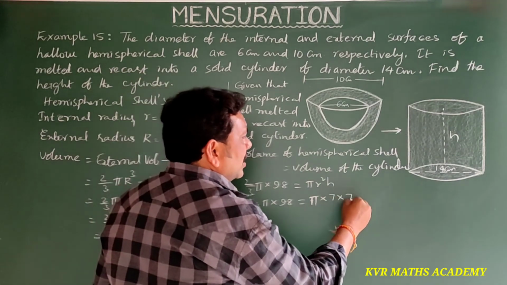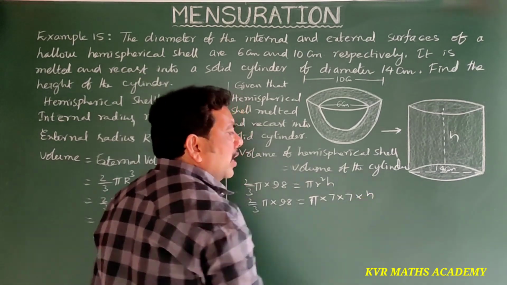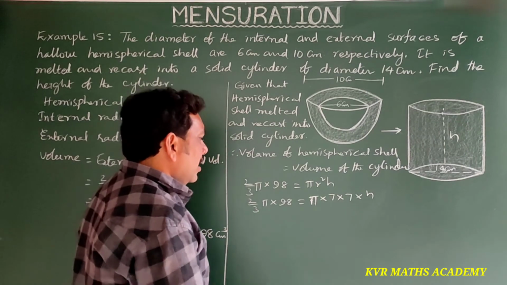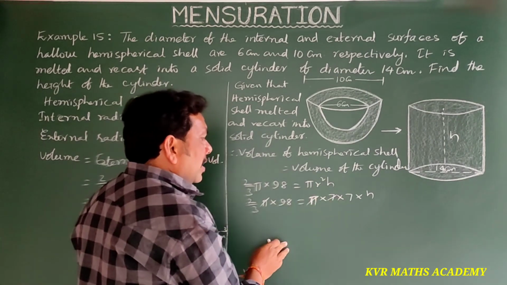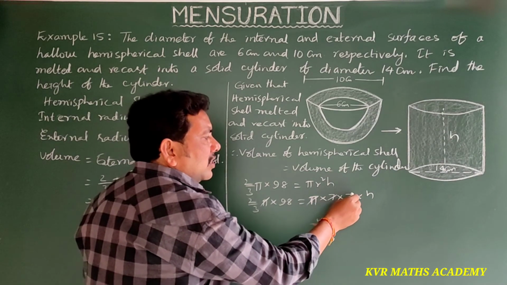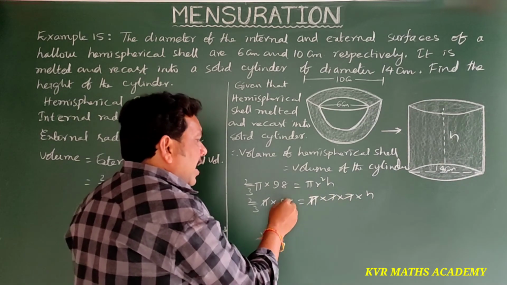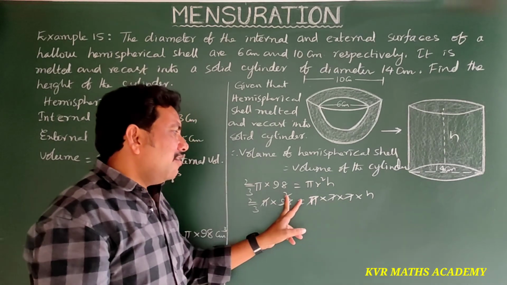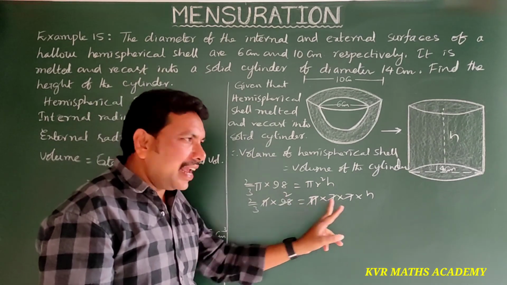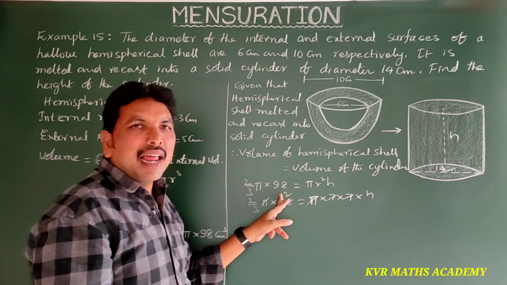So 7 into 7 into its height; we don't know the height. See, look here, on both sides pi gets cancelled. 7 sevens are 49, 49 twos are 98.